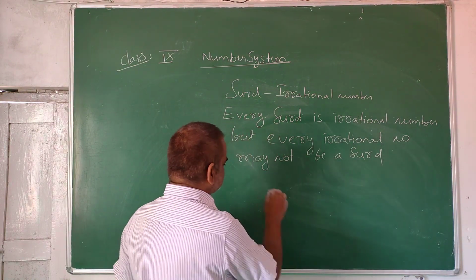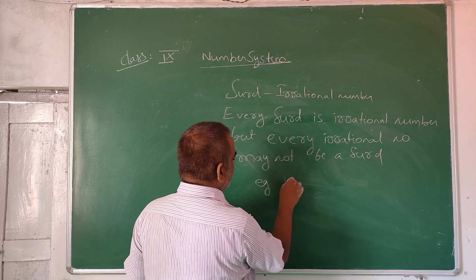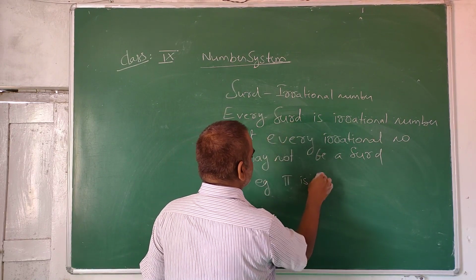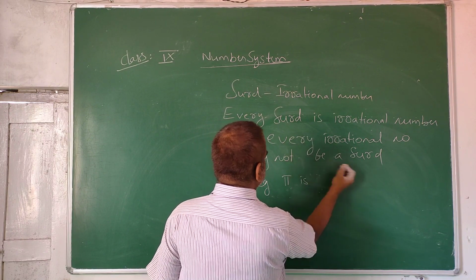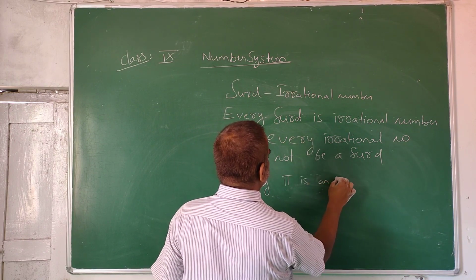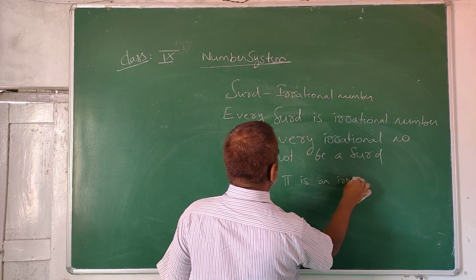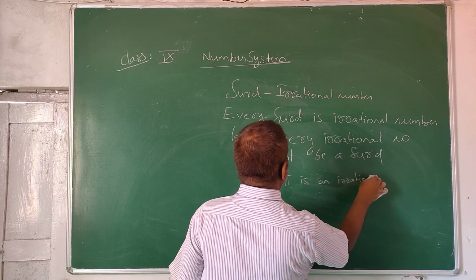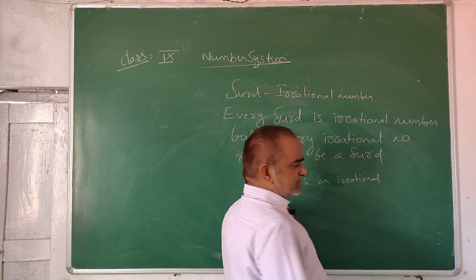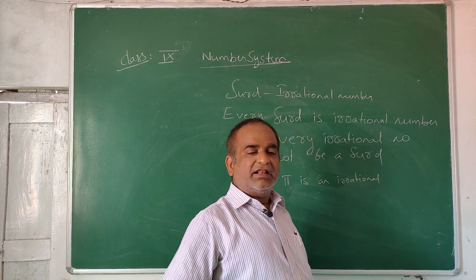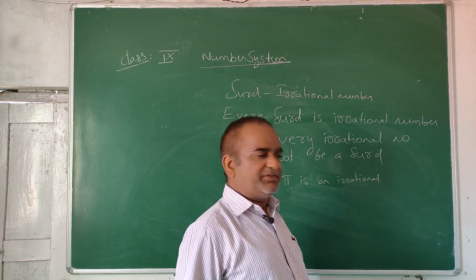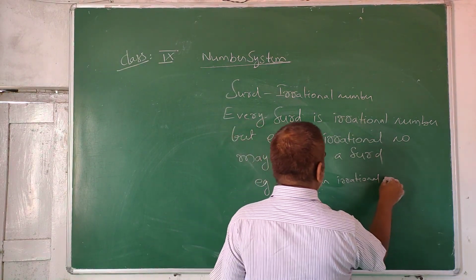For example, pi is an irrational number. This is the ratio of the circumference to the diameter of a circle. Pi is an irrational number.